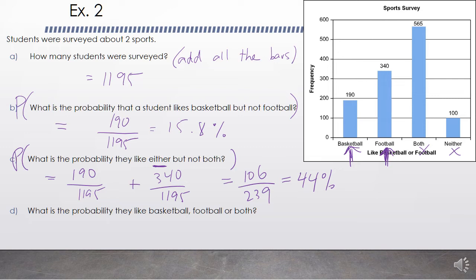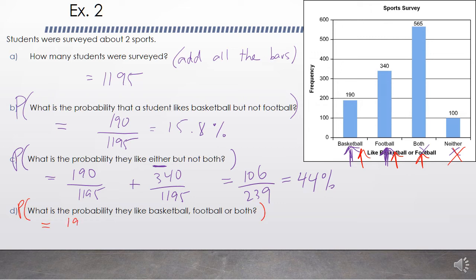What is the probability that they like basketball, football, or both? So basically we are going to include basketball, football, or both, but we're not including this one. Since it's like they like this, or this, or this, it's like our either, we are going to add. So probability of all that.